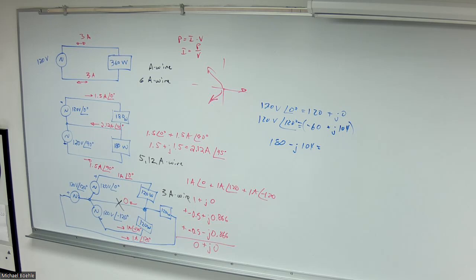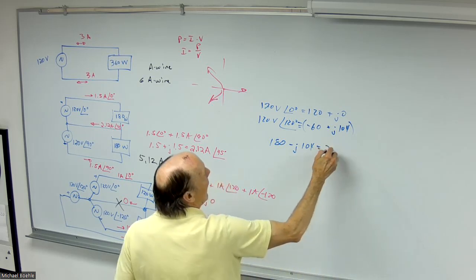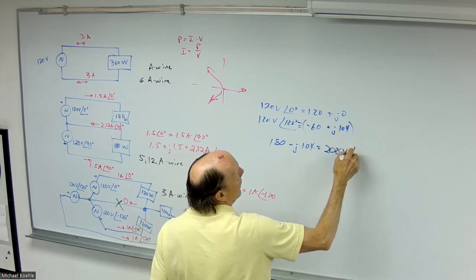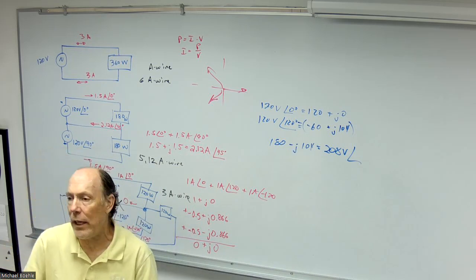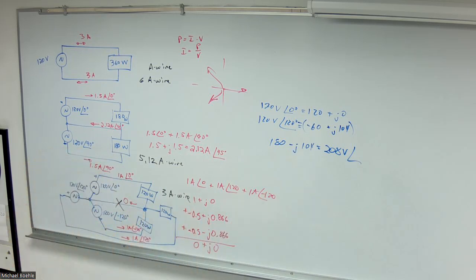I'm sorry, it's not 277, it's 208. It's 208 volts at some angle, which I don't really care about. So if you ever see labels with 208, that is basically the three-phase voltage between two sources. And then it gets different if you're in delta configuration. Like I said, chapter 24. All right, just a little fun thing.